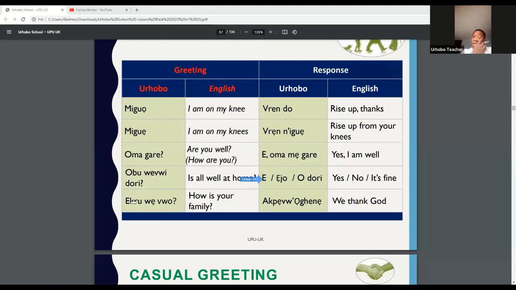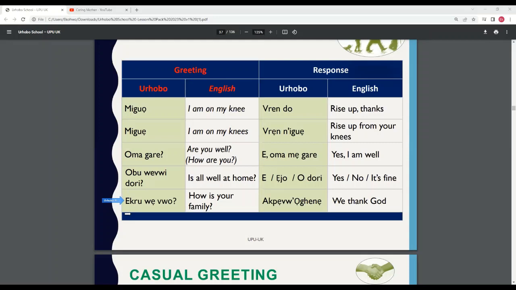Then we'll go to the next word, which is ekru. It means family. So if I say ekrume, I'm saying my family.